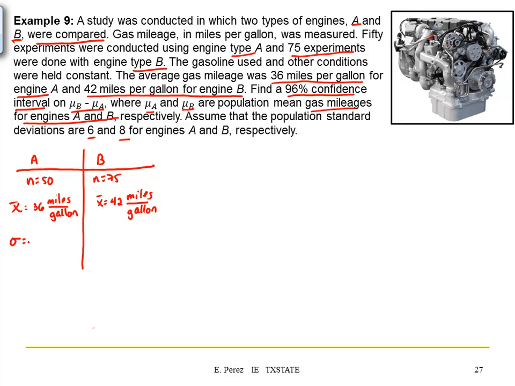Sigma for A, or the population standard deviation for A, is 6, it's right here. And the population standard deviation for B is 8.